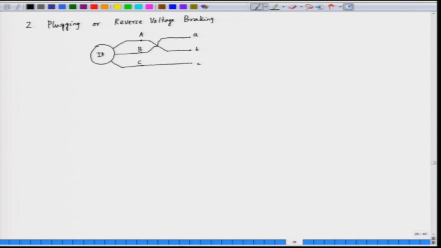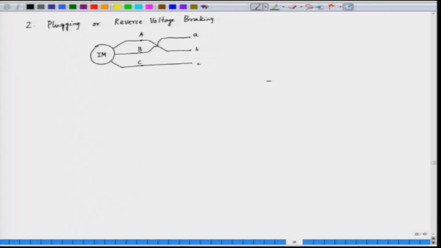If we change the phase sequence, the direction of the rotating field gets changed, and that is how we get plugging. Let us draw the torque speed characteristic.